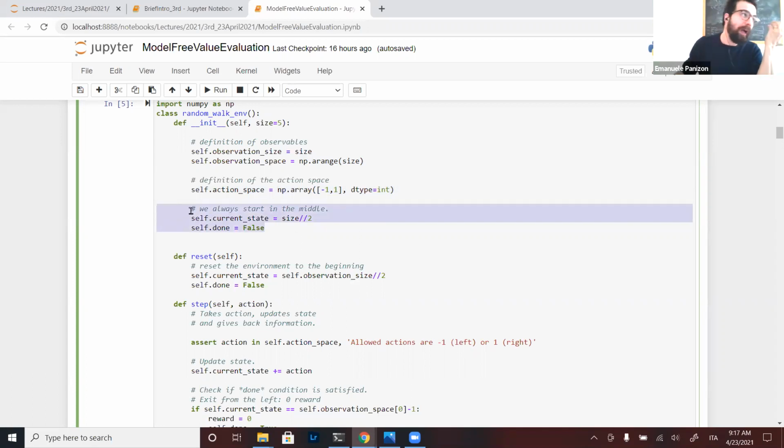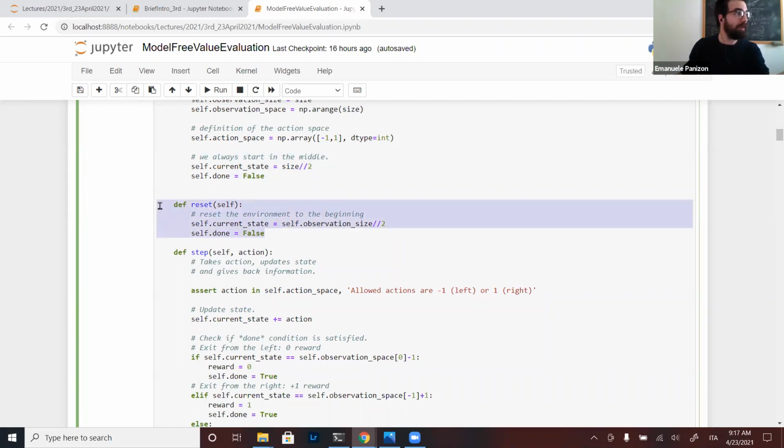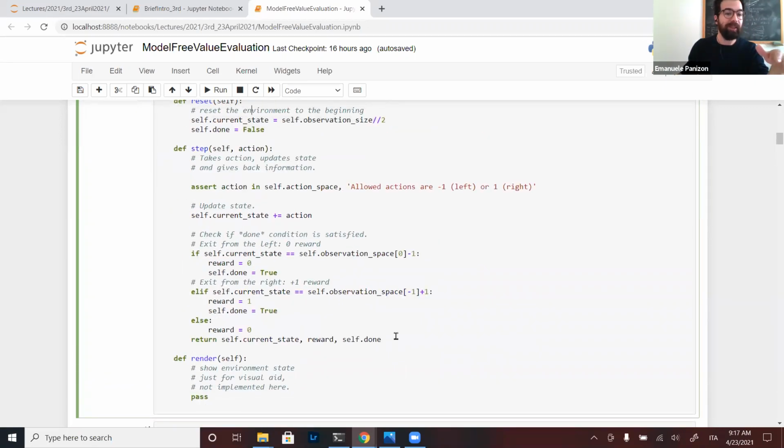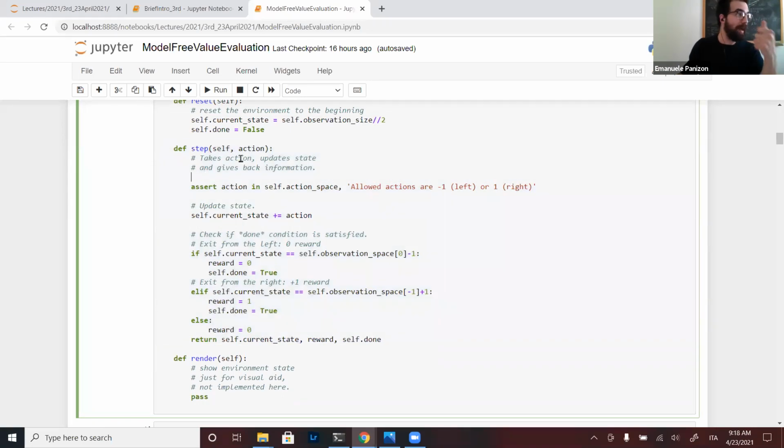And we decide that we start in the beginning, in the middle. This is not important. We will always find in this kind of libraries with real environments a reset function, which just brings everything back to the start. And then we will always find a step function which takes just the action. So in this case, it will take just -1 and 1.